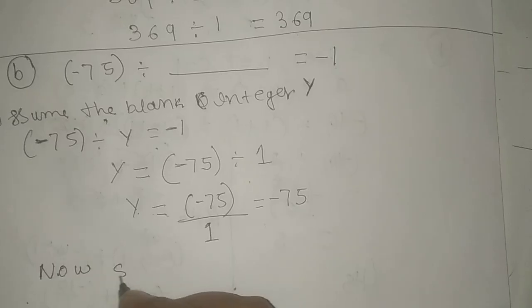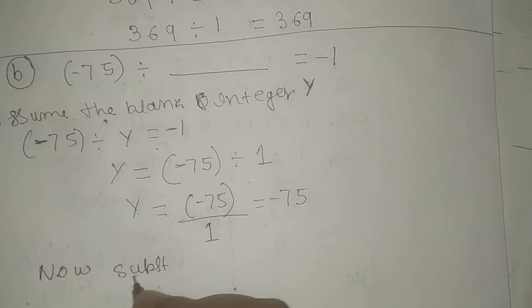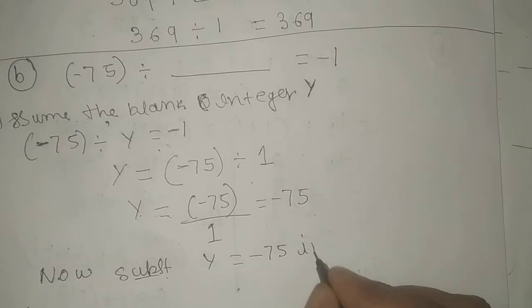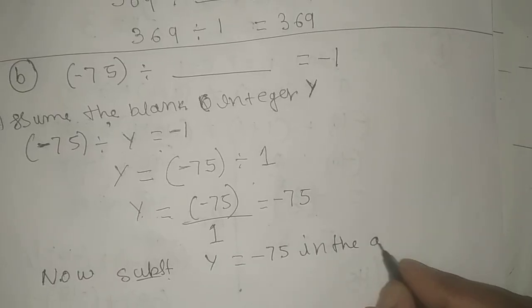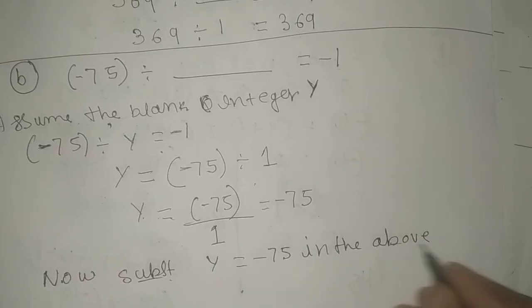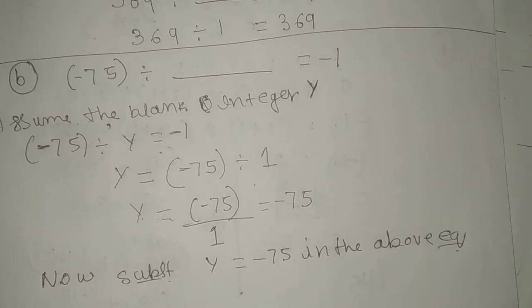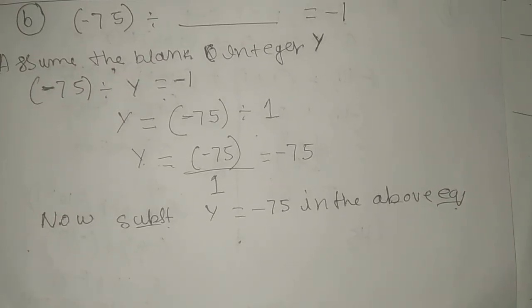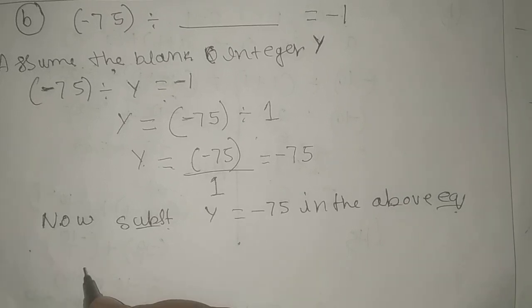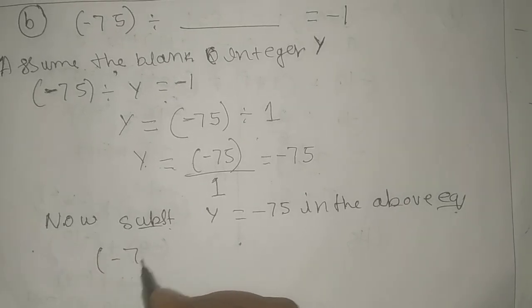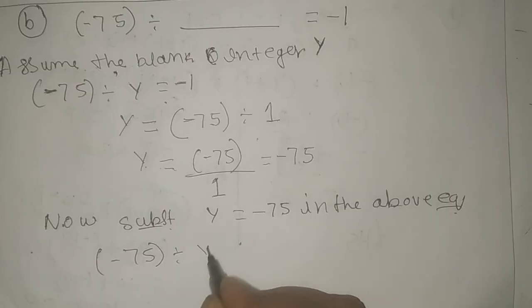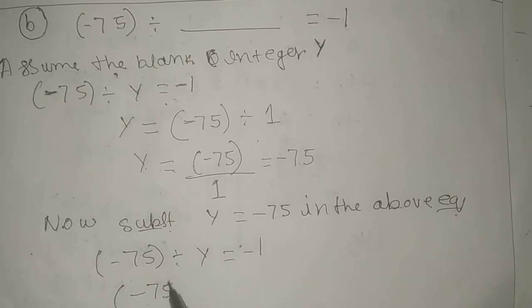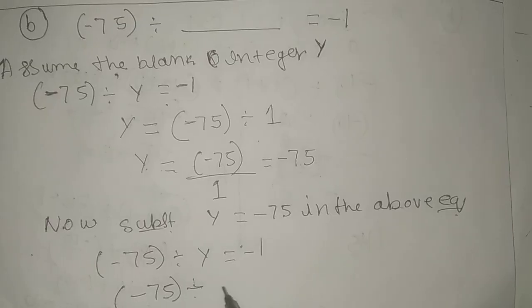Now substitute y is equal to minus 75 in the above equation. Above equation is minus 75 divided by y is equal to minus 1.